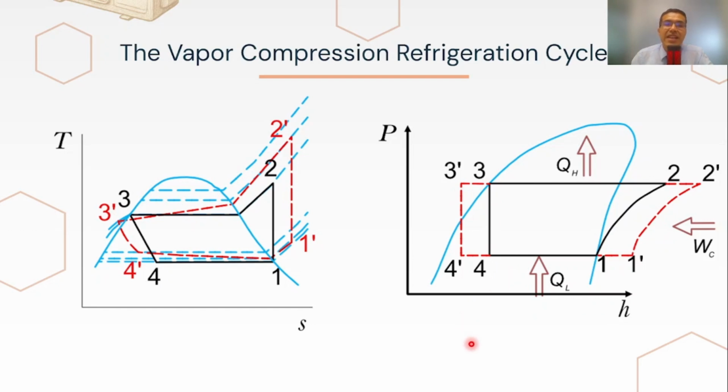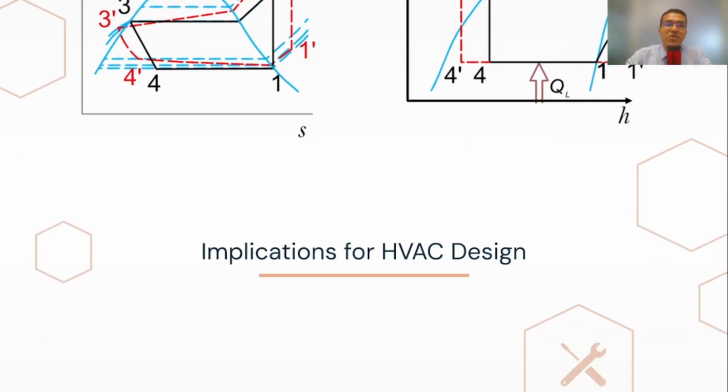Together, these diagrams help us quantify how much extra work is required and how the subcooling effect is diminished. This deviation results in increased compressor energy consumption and a lower coefficient of performance. Understanding these shifts helps us design better systems and anticipate their real-world efficiencies.